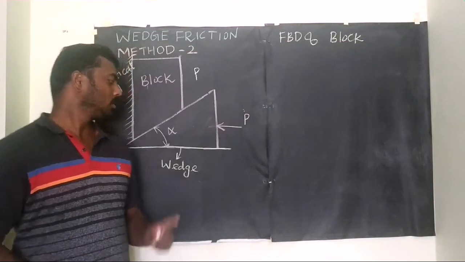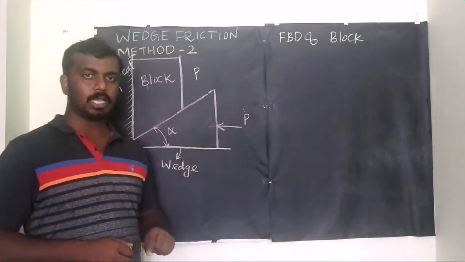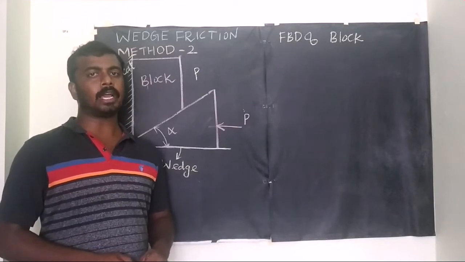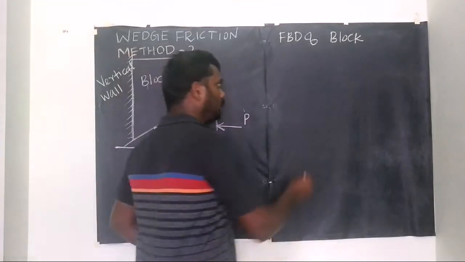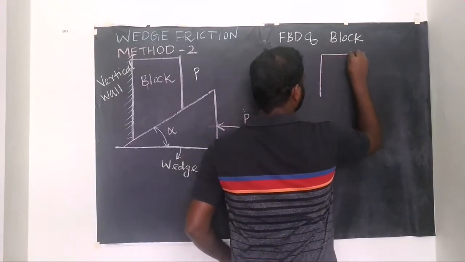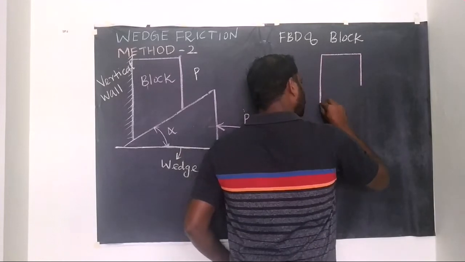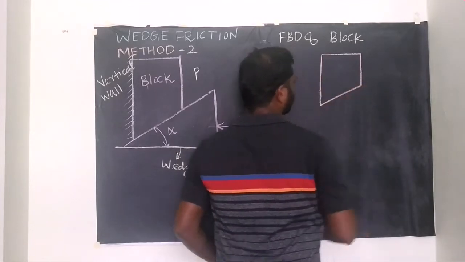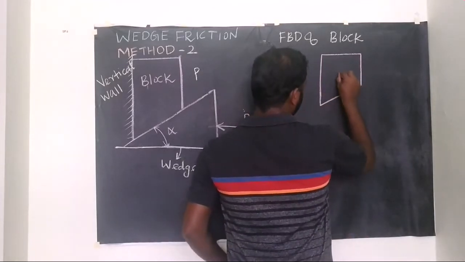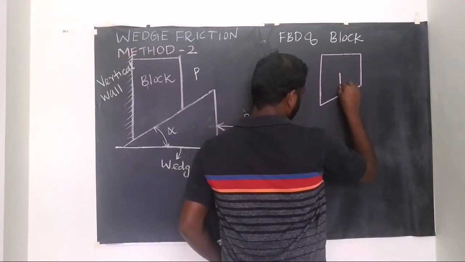As of now this wedge part is over. Now come to heavy block, then construct the free body diagram of this heavy block. This is my heavy block. This is center of gravity of the heavy block on which self-weight is added.